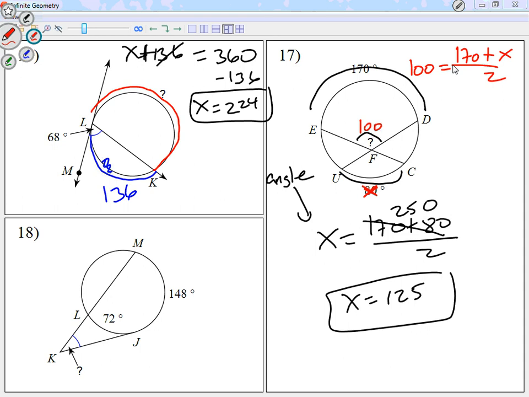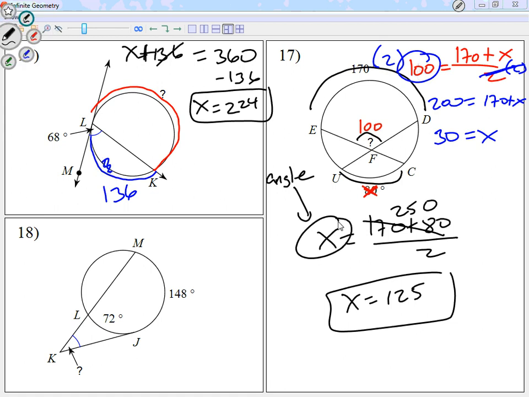So we need to get rid of fractions. I'm going to multiply both sides by 2, because that way those 2's cancel out. So I'm going to have 200 equals 170 plus x. Then you figure out that x equals 30. But notice how on the outside I have 100 here, and on this one I have x. It's the angle, whatever the angle is. Whether it's x or a number, always start with the angle.